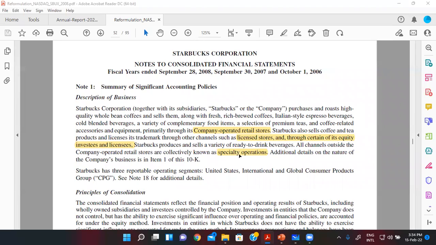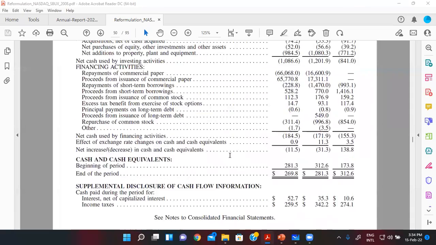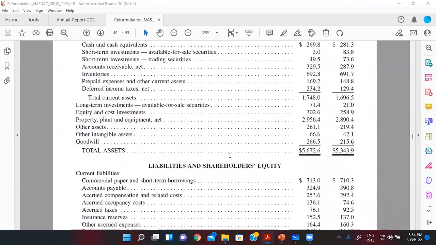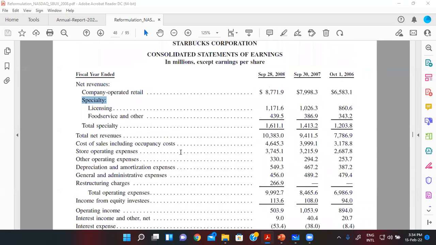Broadly, they categorize those as a specialty operation. Have you got it, what they mean by their net revenue from company-operated retail and specialty? I hope you have got it and found it interesting.